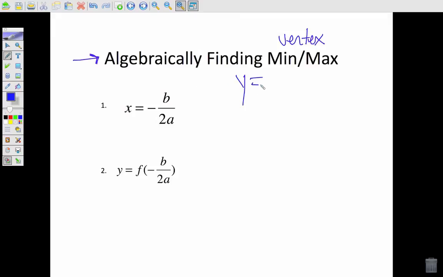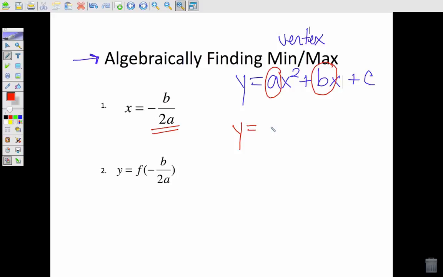And it is by taking, if you've got y equals ax squared plus bx plus c, that's our general form, then if you use the a and b values from that quadratic, you can find the x part of your vertex by doing negative b divided by 2a. And if you evaluate that, you'd be able to figure out your y for that part of the vertex.